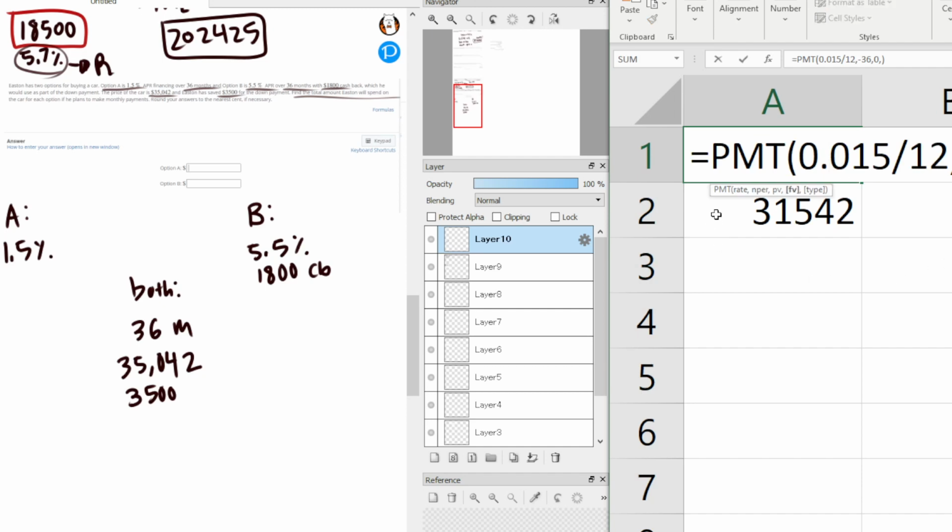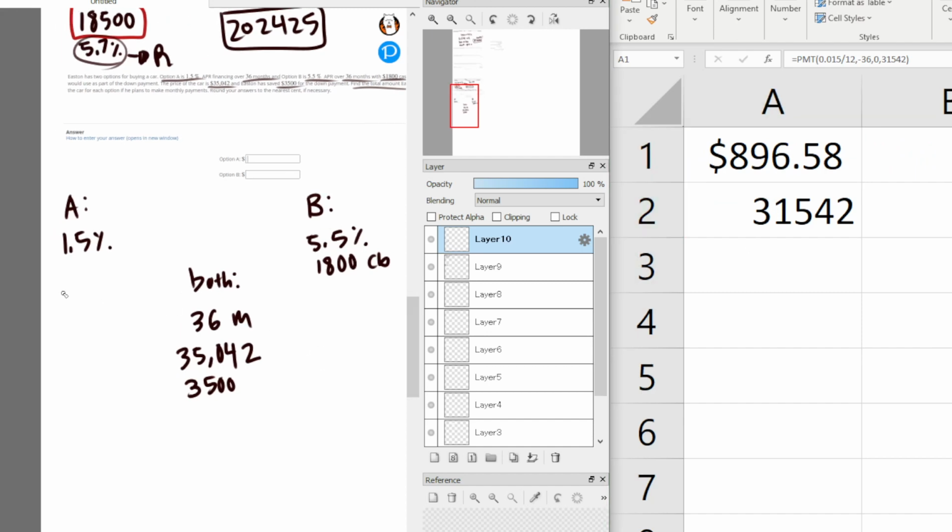31,542. And I will press enter. And that gives me $896.58 for our monthly payments. So, 896.58 for A is our payments.